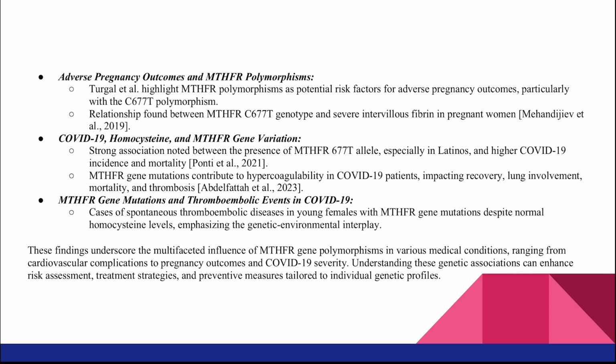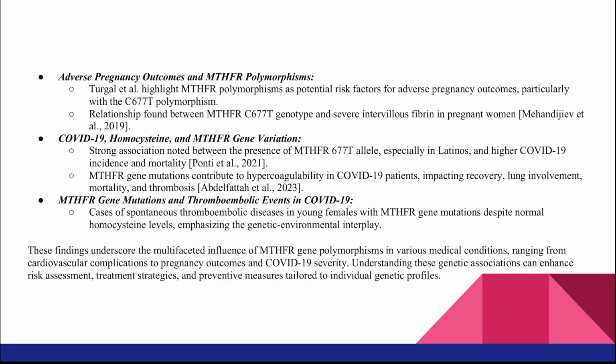Moving along, one of the interesting studies found that in COVID-19 in young females, there were cases of spontaneous thromboembolic disease, which was linked to the genetic mutation in the said gene, despite having normal homocysteine levels. It was not even due to increased homocysteine levels.